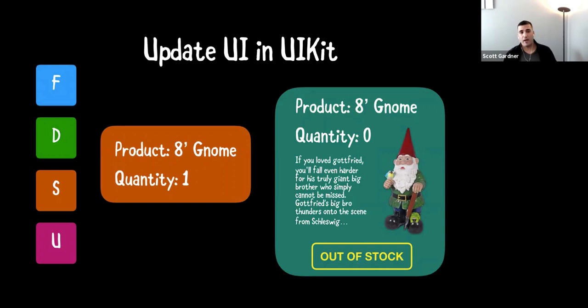This will involve maybe updating the quantities label to 1, and probably want to set that out of stock label to be either removed from the super view, or hidden or something like that, so we can not include the buy now button. However, if you forgot to do that, then we updated this card and the quantities changed, but we didn't update this label to remove it. And now we still cannot buy this gnome because we have a UI bug here because we didn't update the UI correctly. And of course, that doesn't make the gnome very happy.